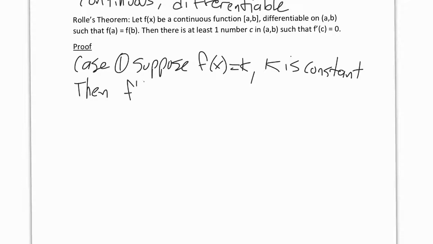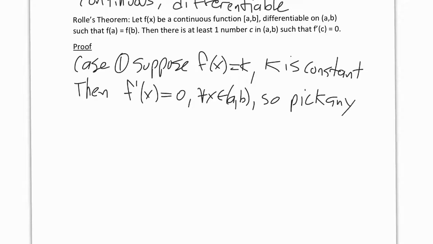Well, f'(x) is equal to 0 for all x in the interval a to b. Right? The derivative is 0 everywhere. So we can then pick any c. So pick any c, and f'(c) is equal to 0.